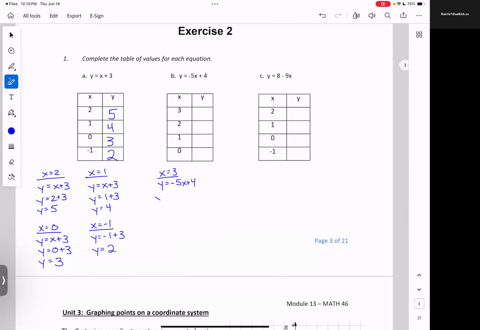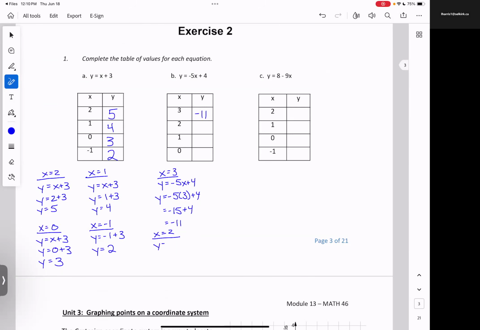Okay, so let's substitute in a 3 for x. And we get negative 15 plus 4, which is negative 11. And so that goes up here. Then we have x is 2.